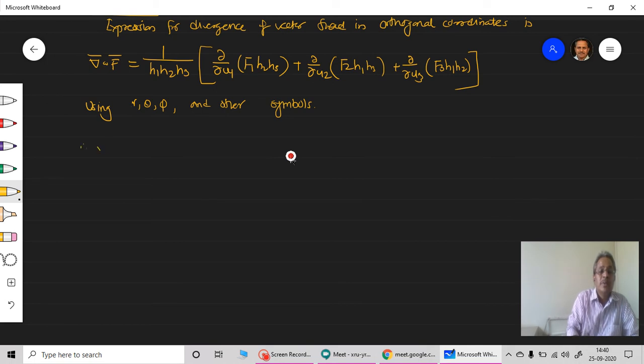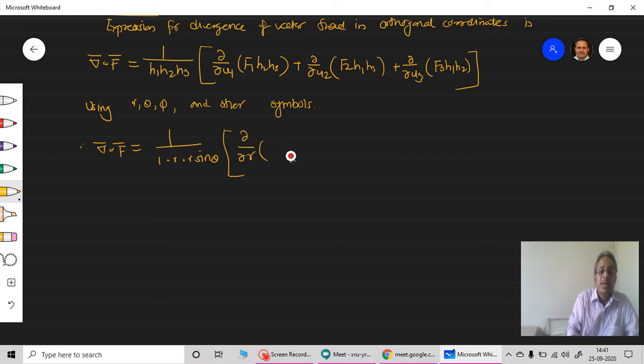That gives me del bar dot f bar is equal to 1 upon r times sin theta, h1 h2 h3, into the bracket ∂/∂r, u1 is r.